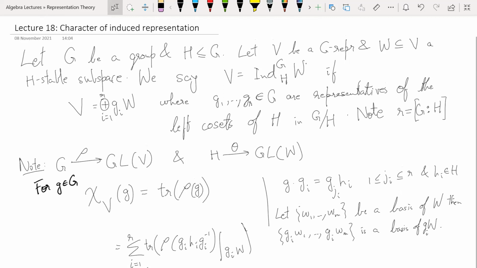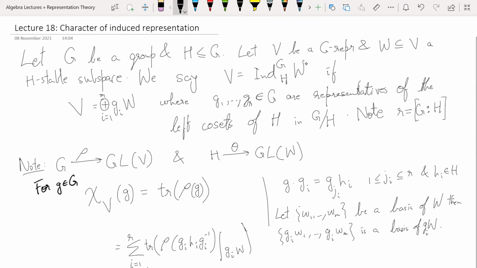To compute the trace of rho g, what we can do is take a basis of W, g_1 W, g_2 W, and so on, and think of the matrix associated to rho g with respect to that basis. That is the philosophy you should take.